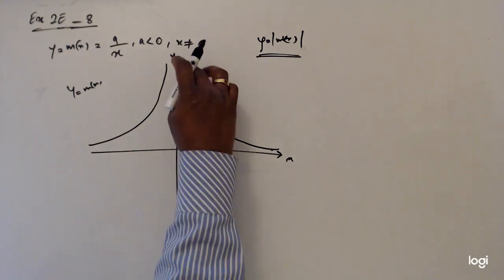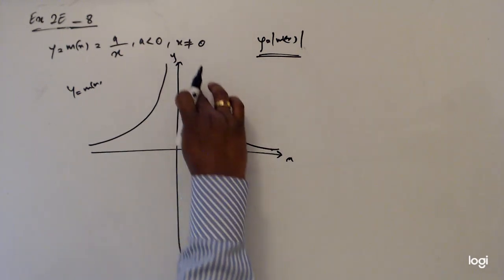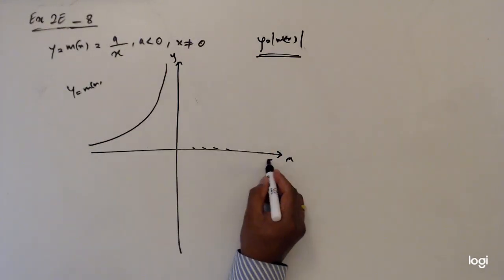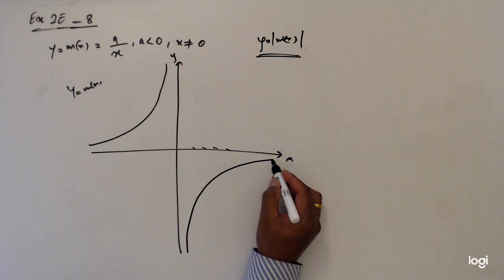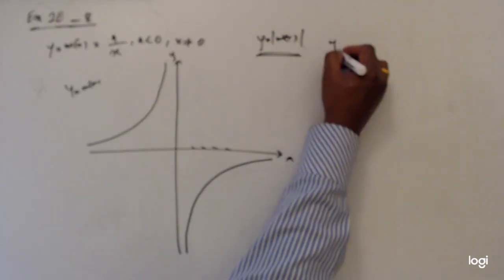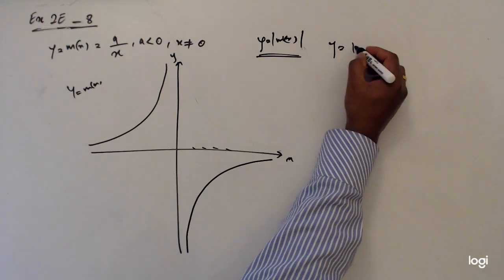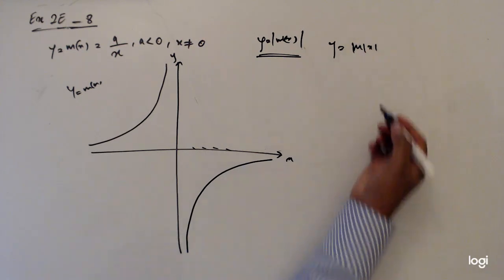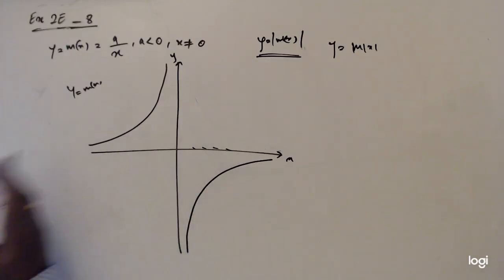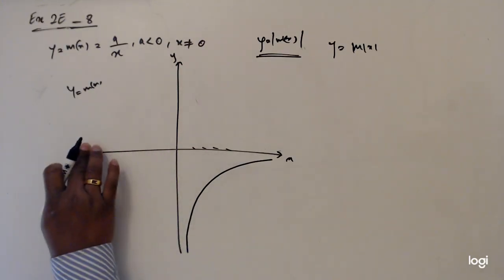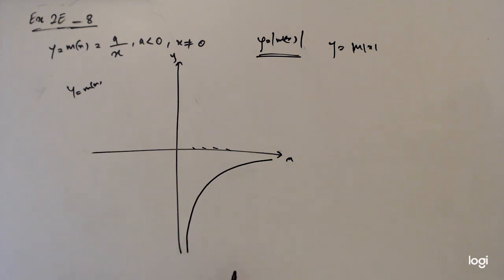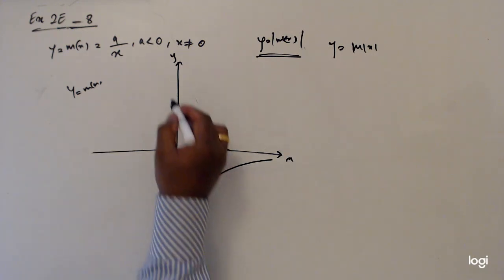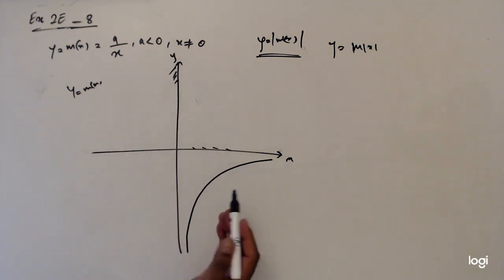Now I'll go back to the previous one. We want to draw y equal m mod x. Then left side will clear first, and we want to keep a mirror here and the mirror reflection.